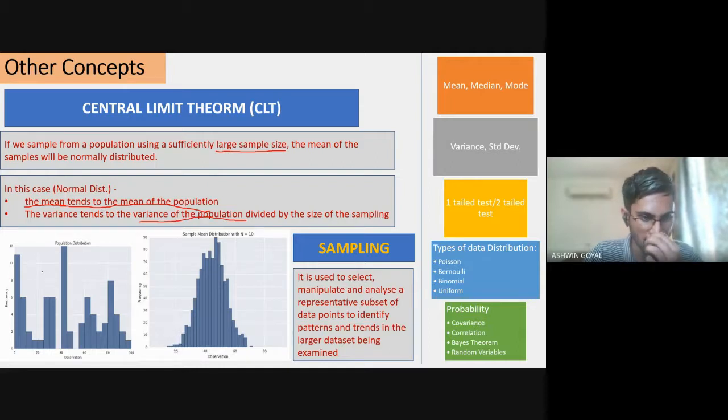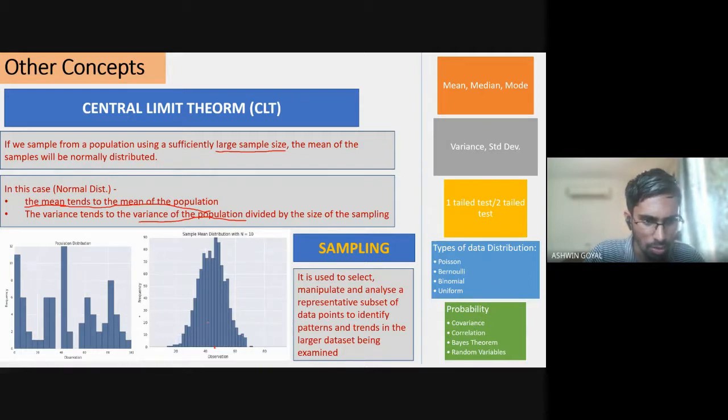Now, let's say this is the entire population distribution, and there are a few observations between 40 to 60, and this is the frequency of these set of observations. And this is basically the population distribution, and this is the sample mean distribution. So the distribution of the sample around the mean. Let's say the mean is somewhere here, and this is the distribution around that mean, right?